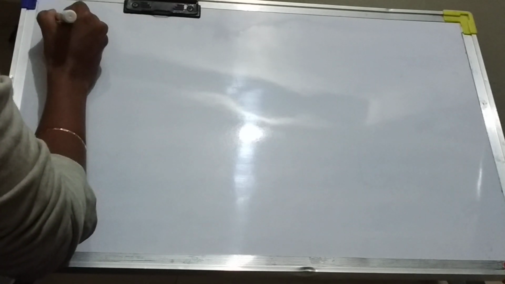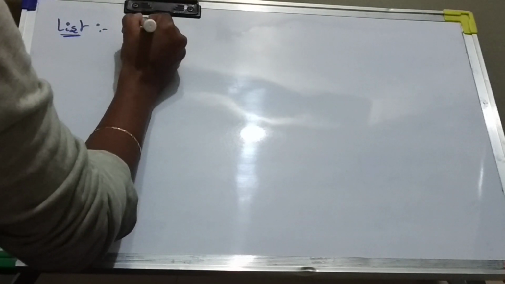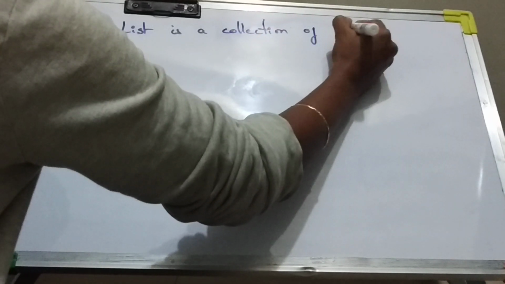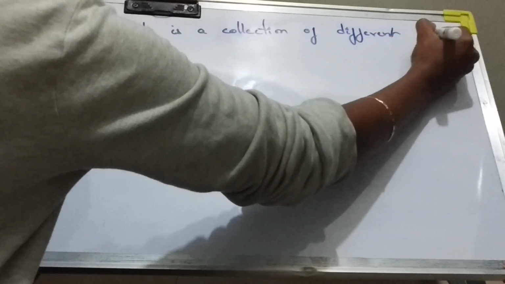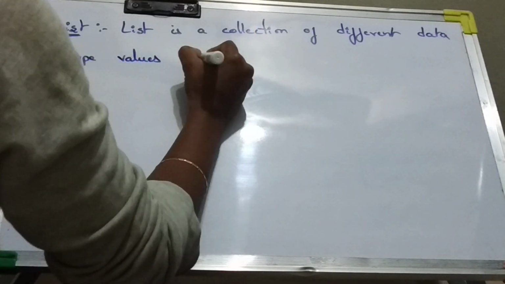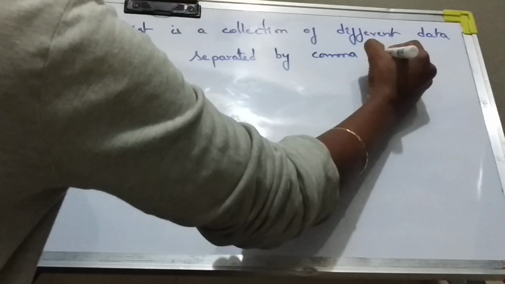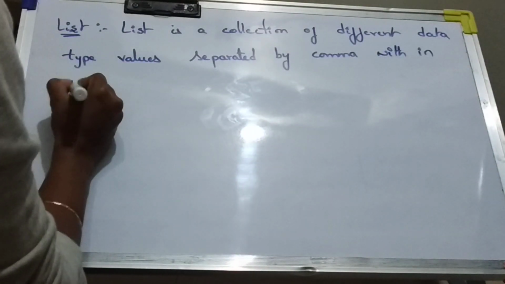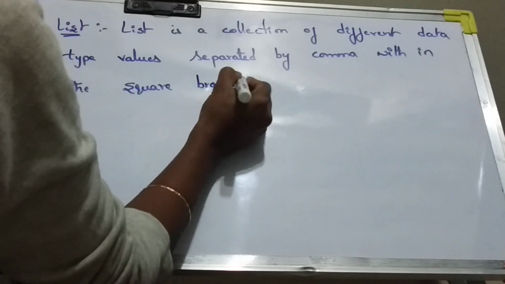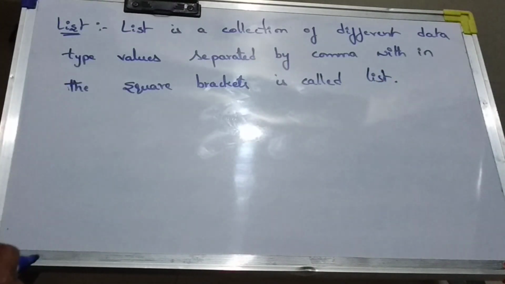That is called a list. List has some rules.